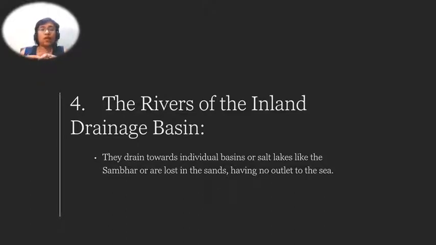They don't go and meet a sea or an ocean. They don't reach a major source of water. They have no outlet to the sea. These kinds of rivers are called the rivers of the inland drainage basin. We have, for instance, the salt lakes that are formed because of these kinds of rivers. So these are the four different types of river systems that are found in the Indian subcontinent.